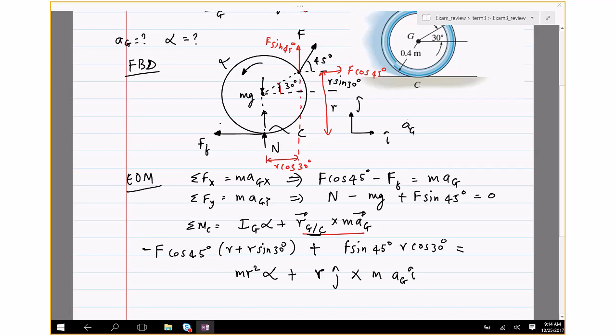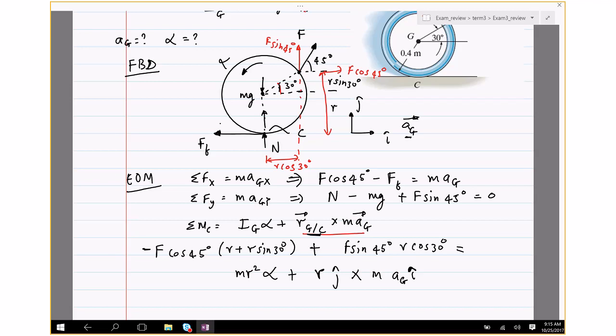Okay, aG is this way. So aG I. Okay, so this is sort of not consistent. aG is, I'm showing it to the right, and alpha I'm showing counterclockwise. I choose alpha that way because that's positive. I choose aG positive because it's in the direction I've shown, which is along I, because that's positive. And actually, the math will give me the right sign.